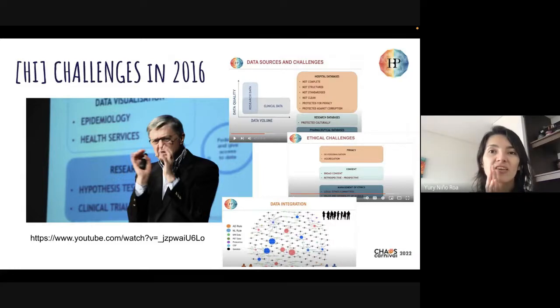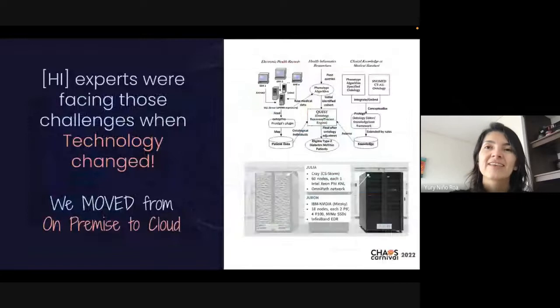While he presented his role in the Human Brain Project, he explained several challenges in healthcare informatics. He mentioned how difficult it is to have complete, structured, standardized, clean, and protected data in the hospitals. Also, he described the persistent problem of integrating several sources of information. That is a problem still challenging. Finally, he referred to another interesting challenge related to privacy and the digitalization of consents. That is really important for people involved in this field.